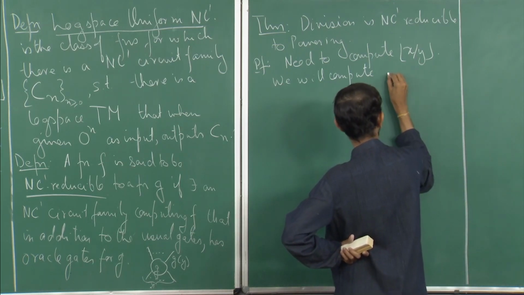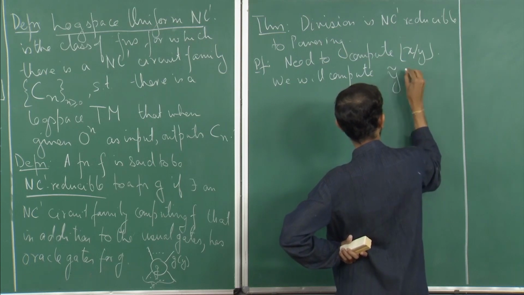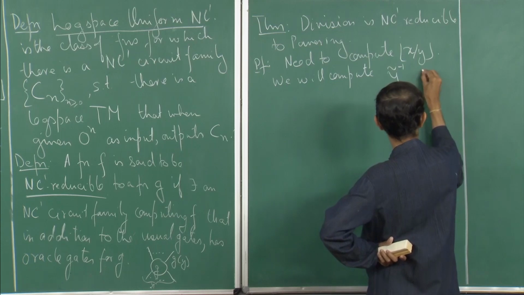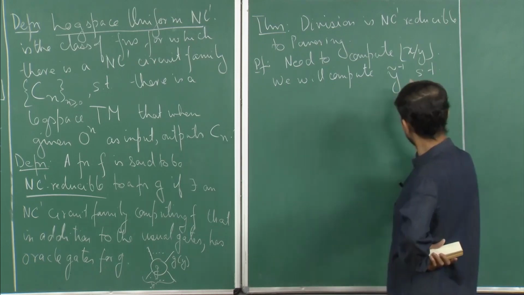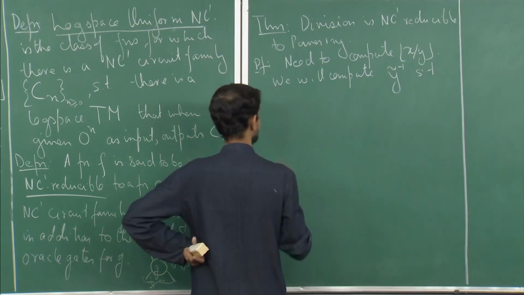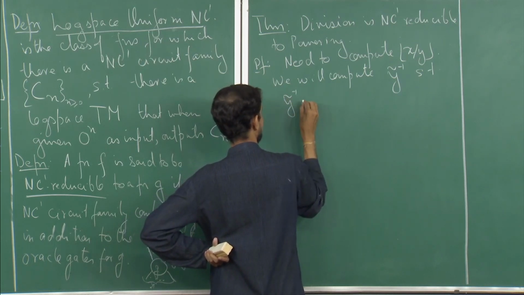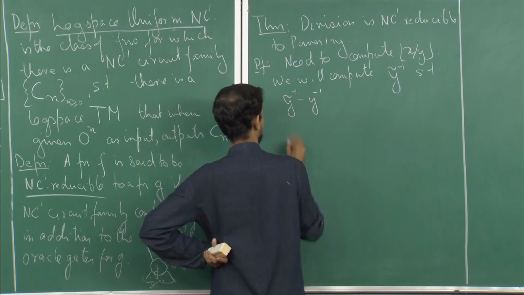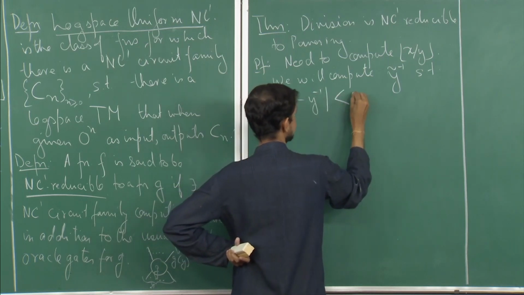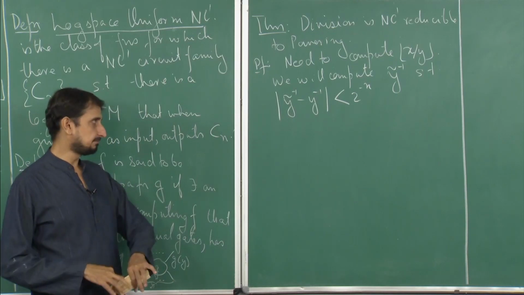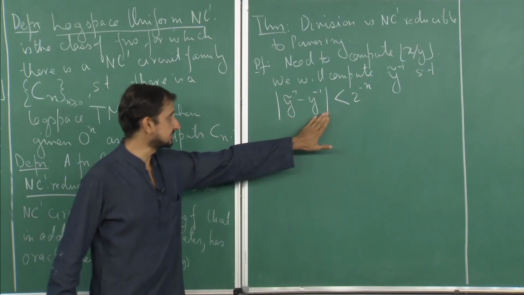So, we will be computing a quantity, let us call it y tilde inverse, such that y tilde inverse minus y inverse is smaller than 2 to the power minus n. Okay. So, we will try to compute a quantity such that this holds.